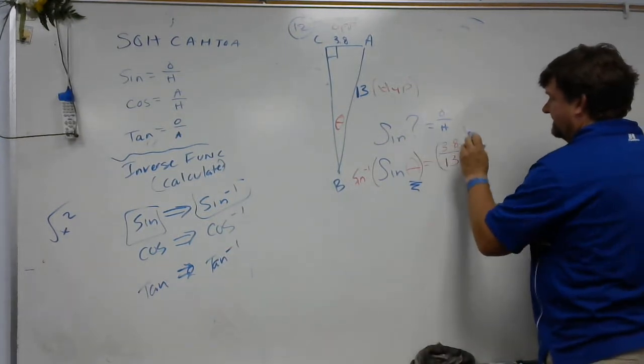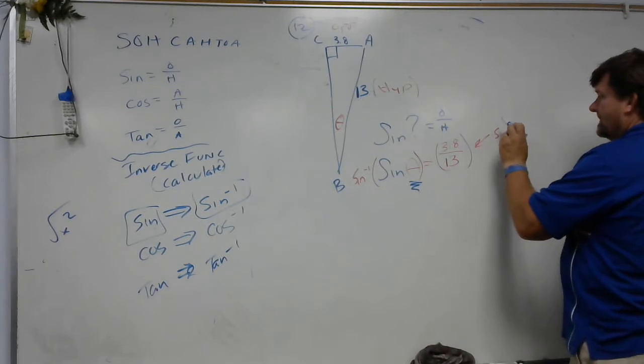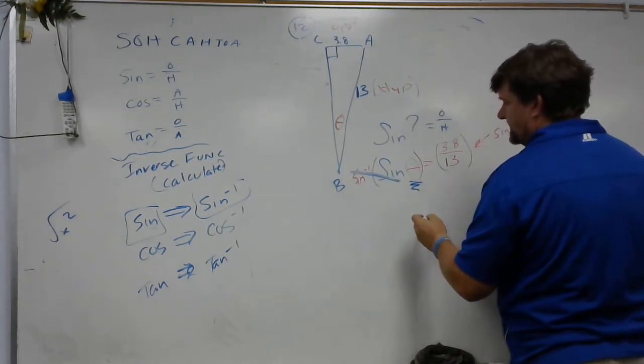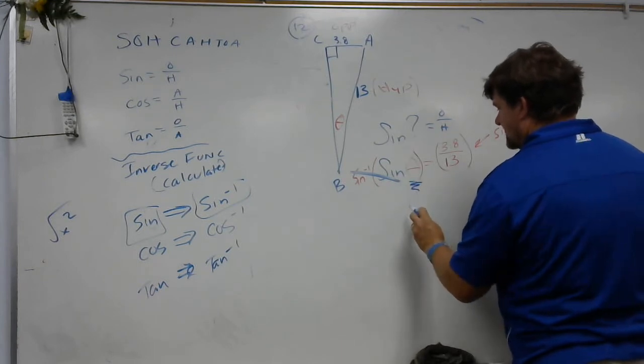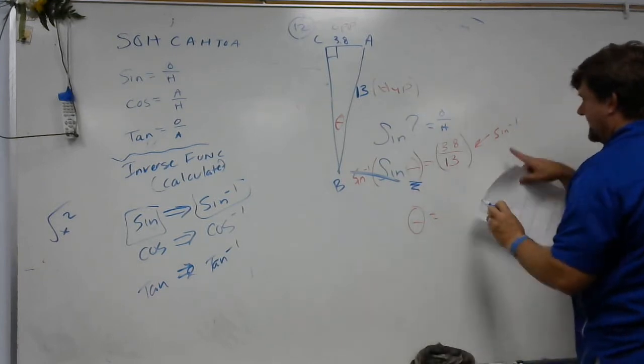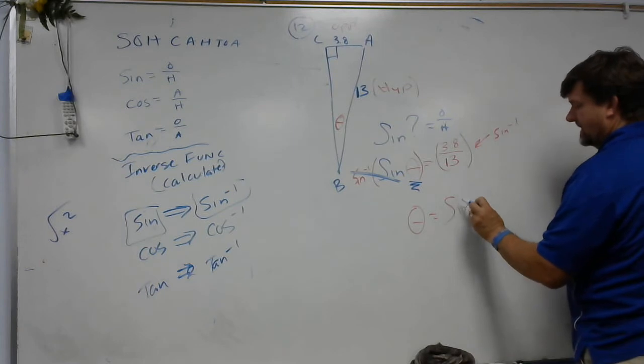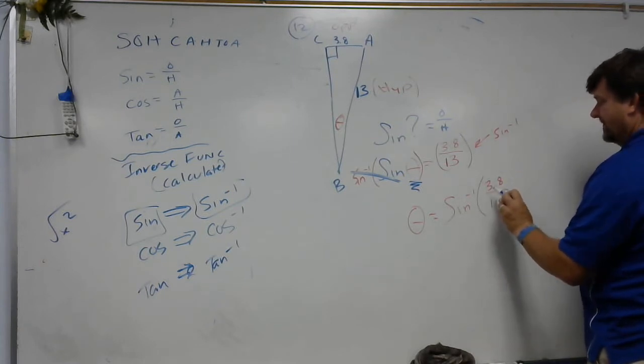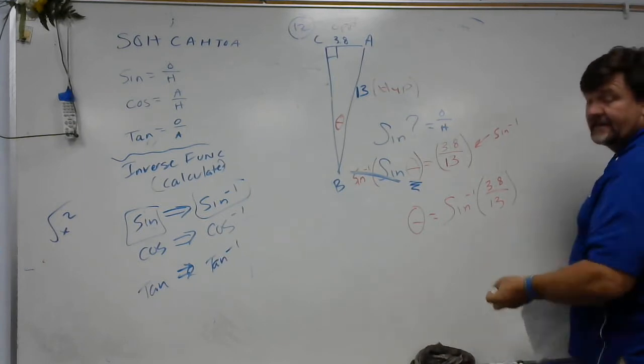So these cancel, and I'm left with theta. So theta is the arc sine, or the inverse sine, of 3.8 over 13. And you put it in the calculator just like that.